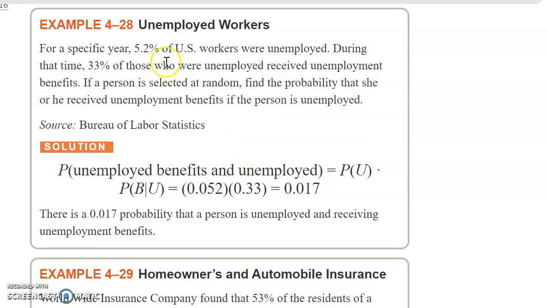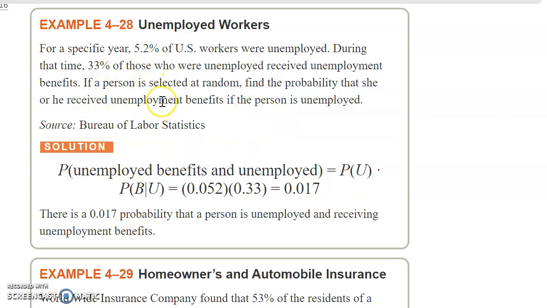So we have 5.2% of the people are unemployed, and then 33% of those who are unemployed received unemployment benefits. So what has to happen essentially is you have to be unemployed first, and then if you are unemployed, there's a certain probability that you're going to be collecting unemployment benefits.